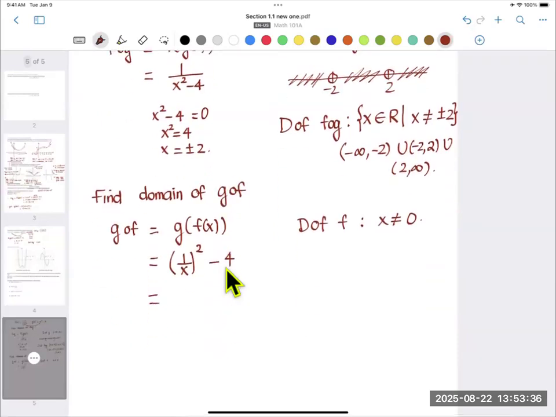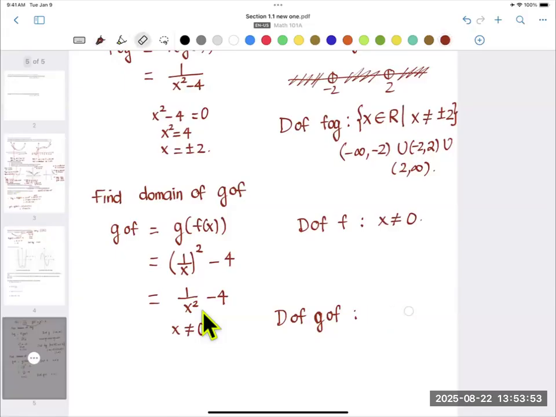Simplify the expression, we have 1 over x squared minus 4. From this final expression, we also see that x cannot equal 0. So therefore, the domain of g of f is x cannot equal 0.